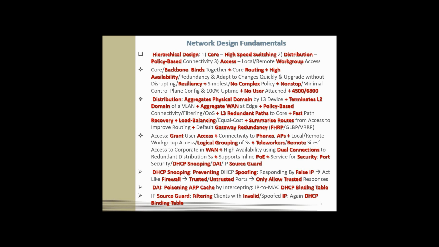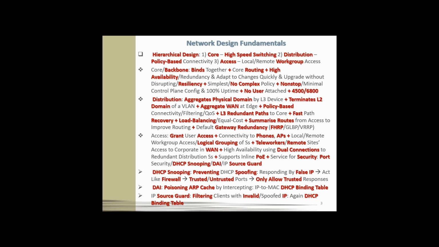Last layer for hierarchical network design is access layer. The objective with access layer is to grant user access to network applications and to network functions. For this, access layer incorporates switched LAN devices with ports that provide connectivity to different devices, to workstations, more importantly to IP phones, and also to access points.